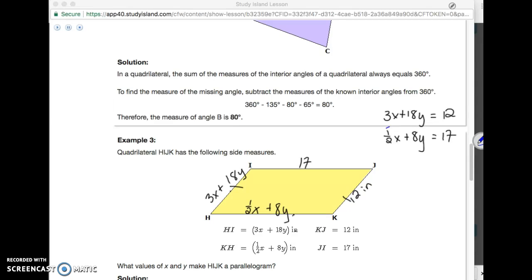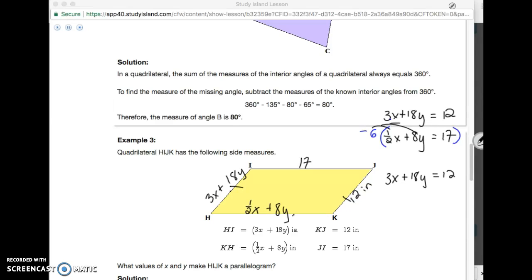So what I'm going to do is take my bottom equation, and 8 and 18 aren't multiples of each other. So I'm going to work with the 3 and the 1/2. If I multiplied a half by 6, put 6 halves together, I'd get 3. I'm actually going to make it a -6 so that everything cancels. So up top, I'm going to just repeat 3x plus 18y equals 12.